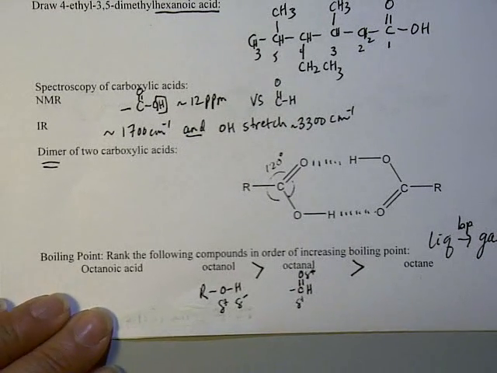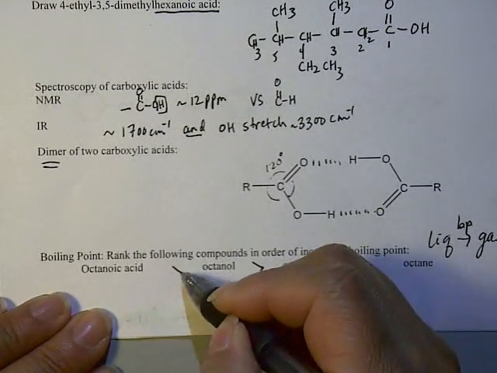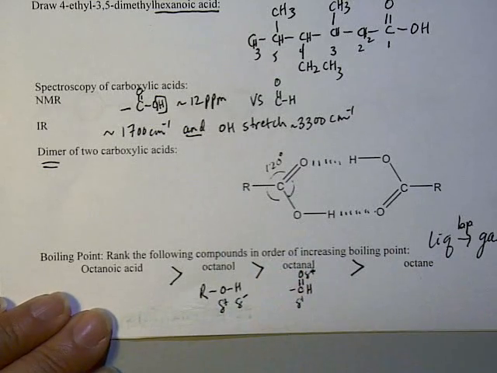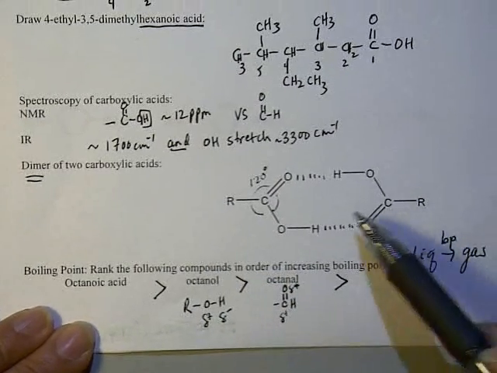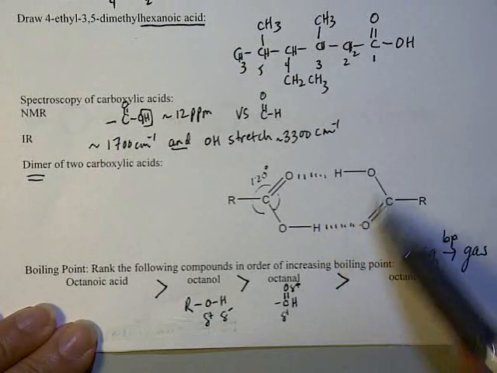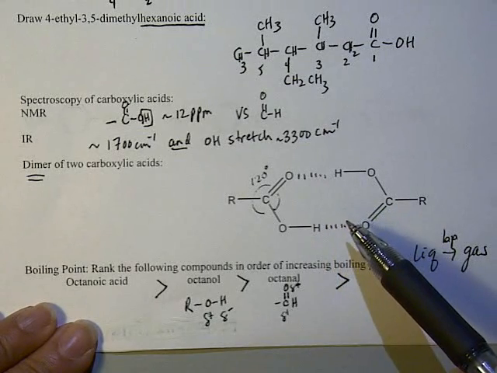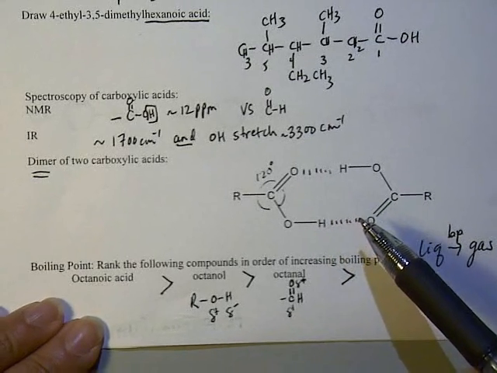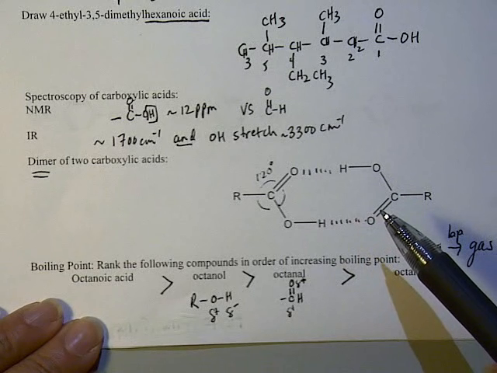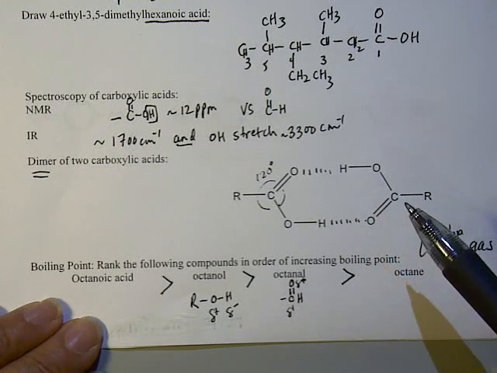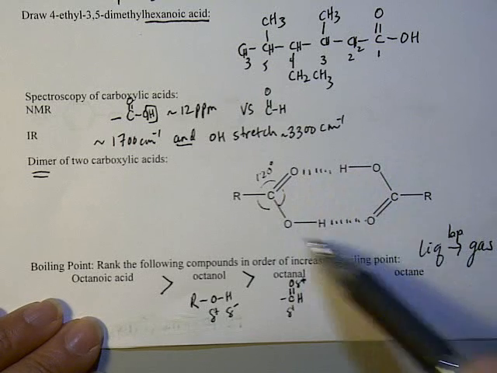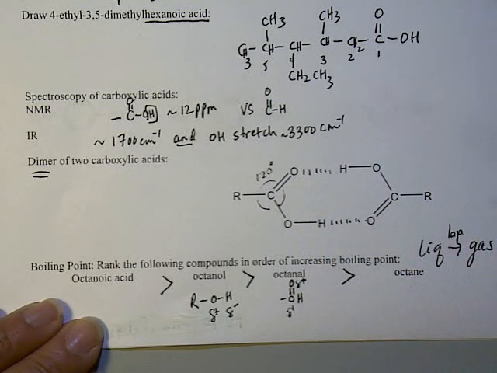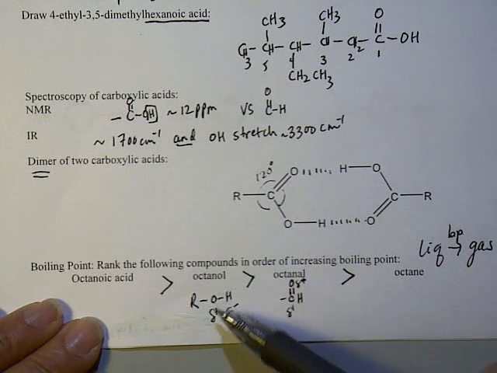Now, octanoic acid will trump that, or have a higher boiling point because, as we went over here, it usually occurs as a dimer, so it has two hydrogen bonding interactions. So that cyclic structure that it creates is even harder. It takes more energy to break it apart than in octanol.